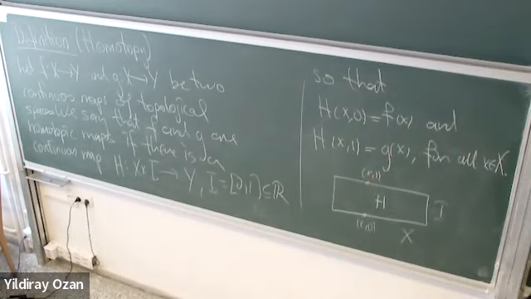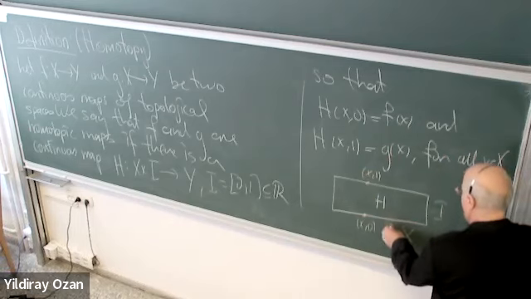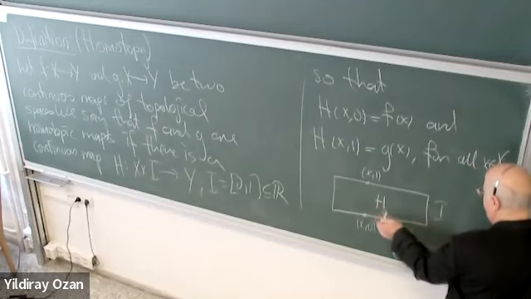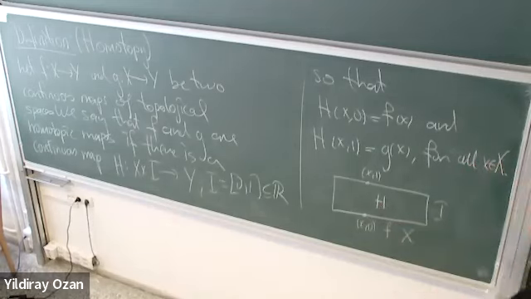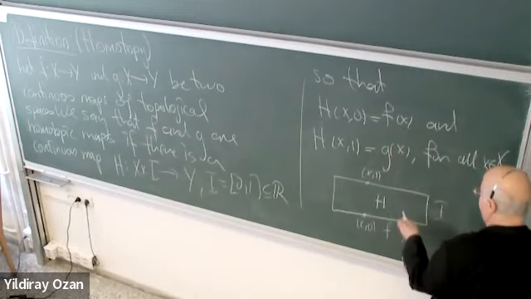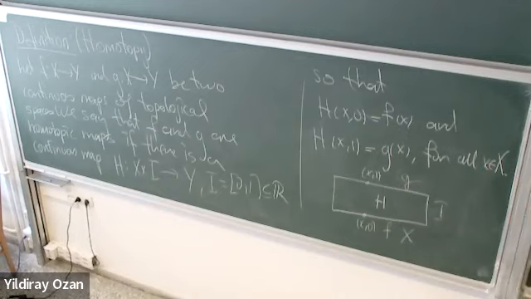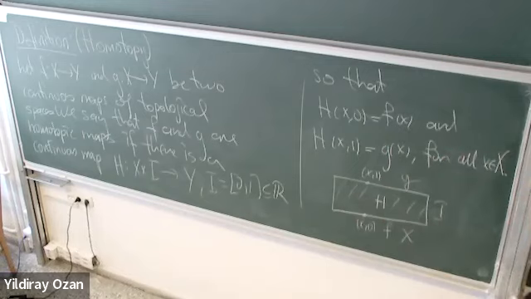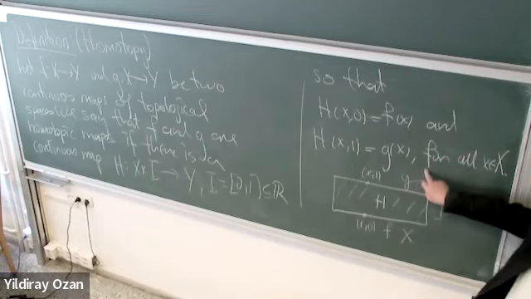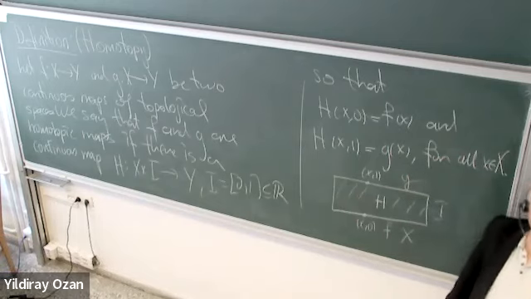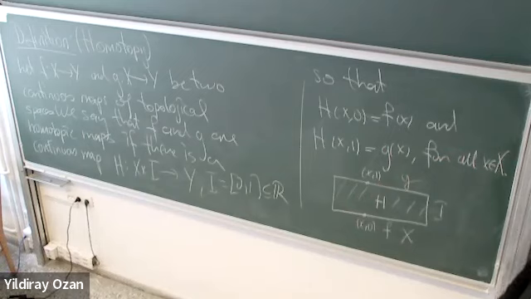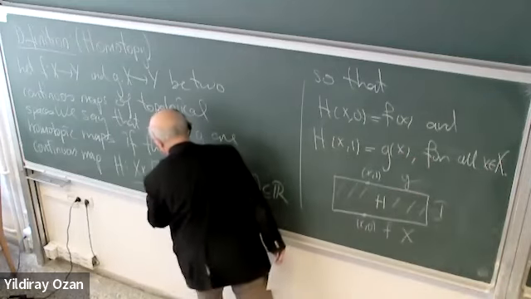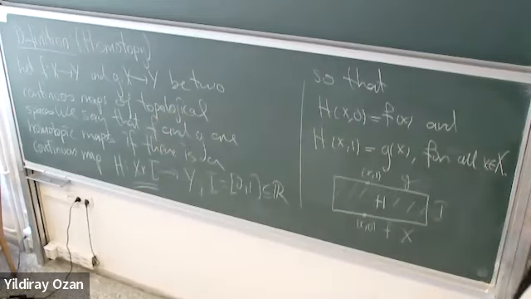This is the interval [0,1]. And this is f, so the restriction of H to (x,0) is equal to f, and this is just g. So this picture tells us that the maps f and g are homotopic maps. Here it is important that you ask H to be continuous on this whole space, on X cross I.